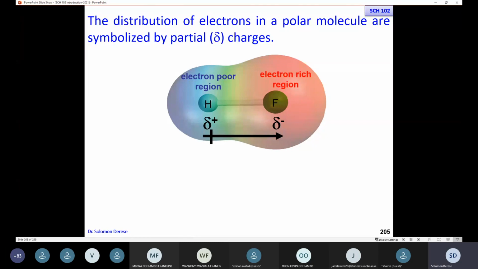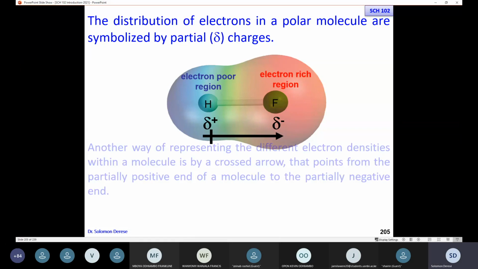Okay, so you can identify any chemical bond between two elements that are not identical. And then based on their position in the periodic table, you can easily tell which one is more electronegative than the other. And then you can show this by putting partial positive and partial negative charges as well as crossed arrows.